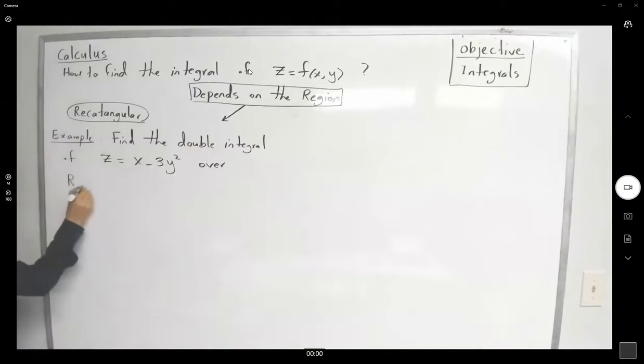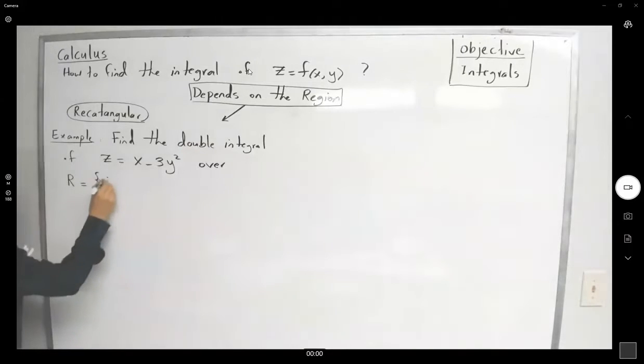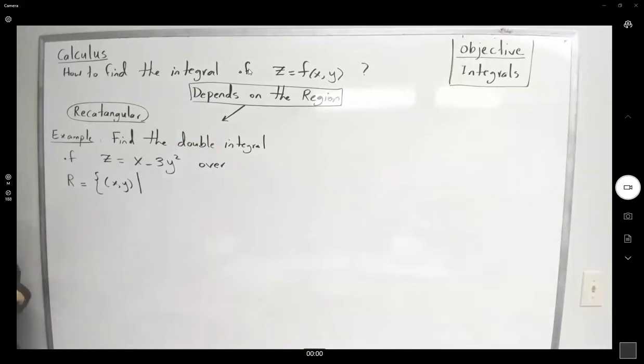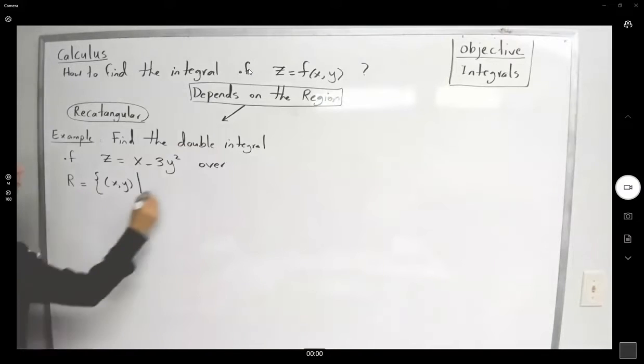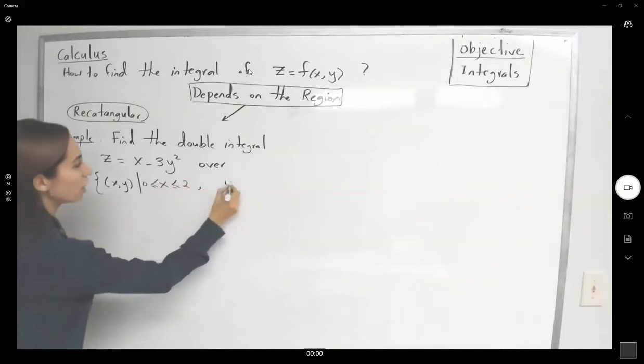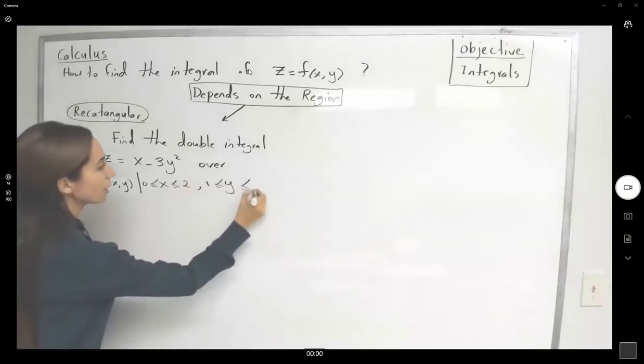The region R is defined as the set of points such that x is bounded between 0 and 2, and y is bounded between 1 and 2.